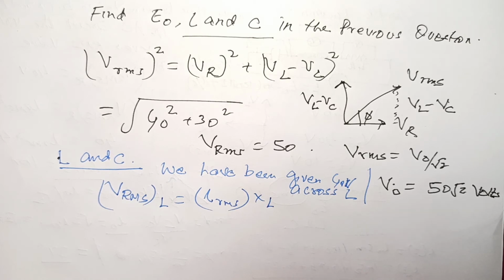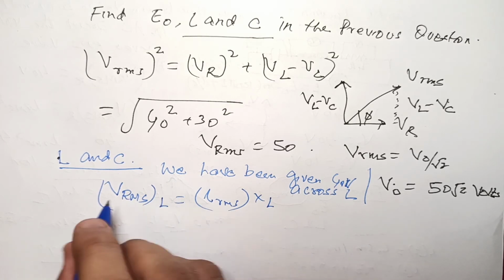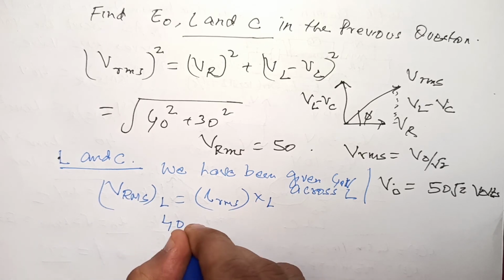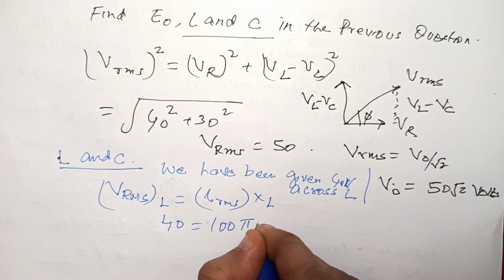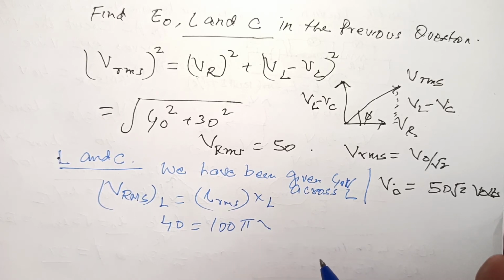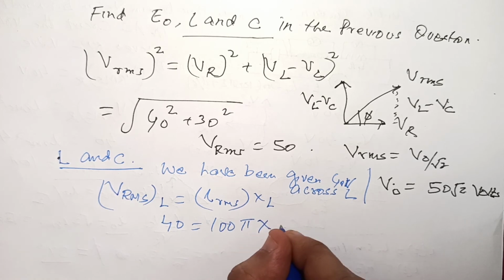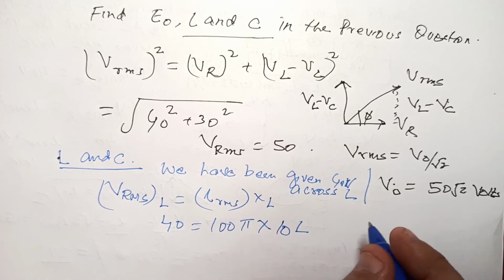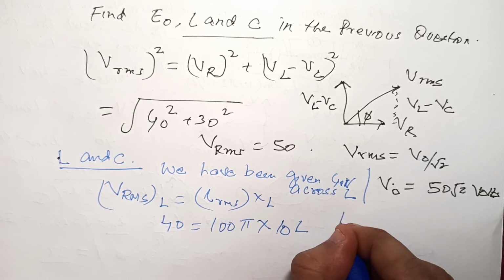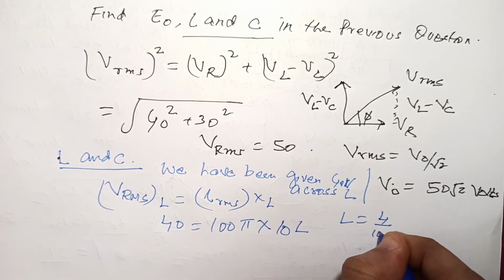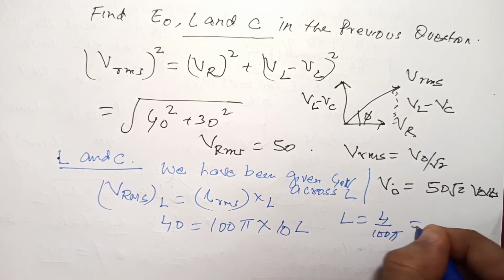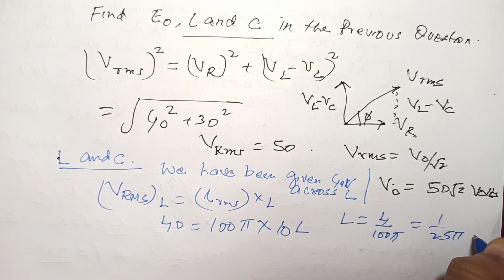Putting in the values, 40 is equal to 10 into XL, and XL is omega L, which is 100 pi into L. So 40 is equal to 100 pi into 10 L, and from here I can find L is equal to 4 by 100 pi, which is 1 by 25 pi henry.